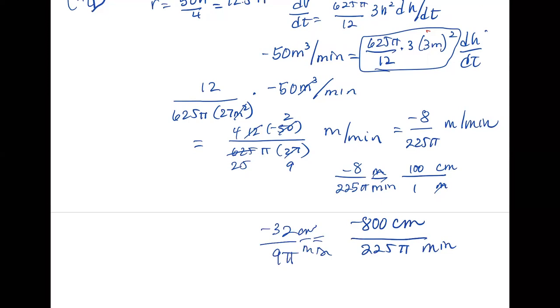And they did want you to round it to 2 decimal places. So I just plug that into my calculator and let's see what we get. I'm getting about 1.13.